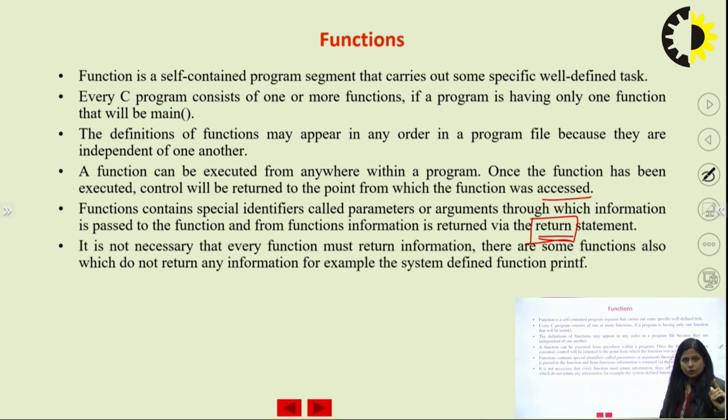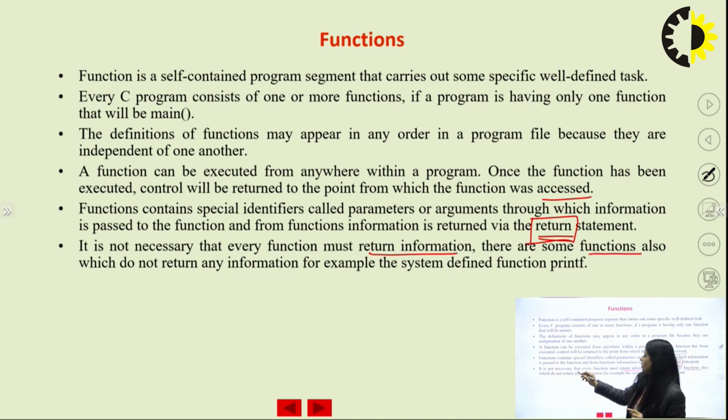It is not necessary that every function must return some information. But up till now we have studied that every function has to return some value. Then it becomes a contradiction. Now I repeat, it is not necessary that every function must return some information. There are some functions which do not return any information.